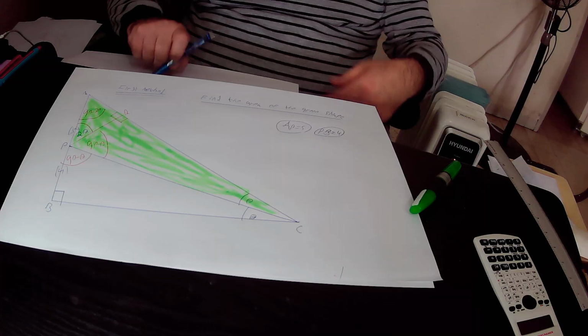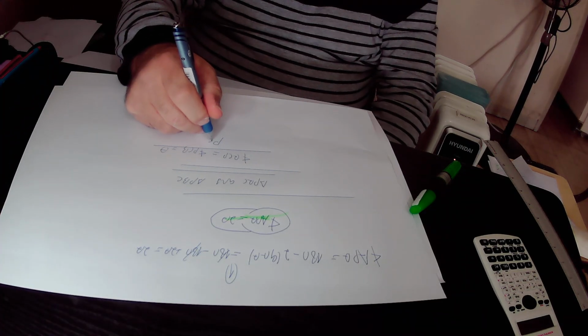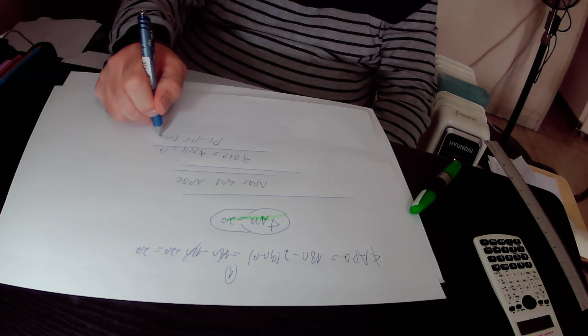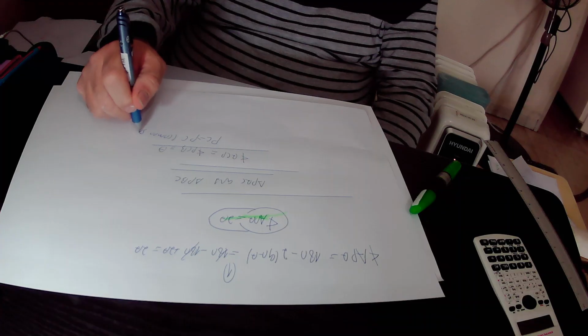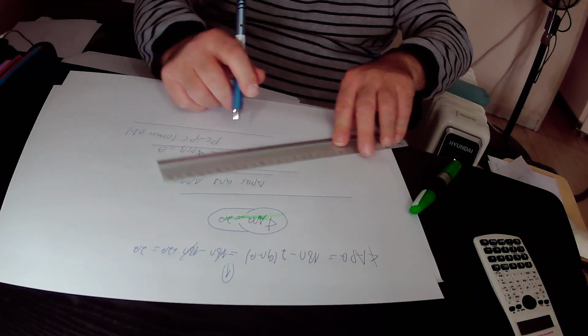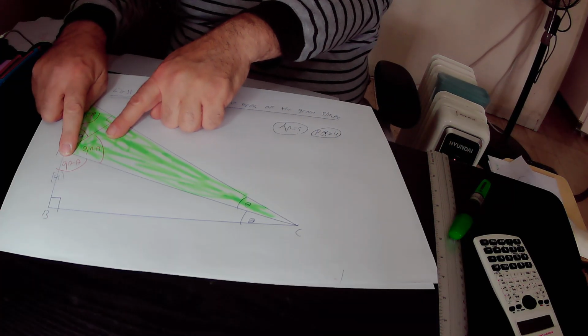So in other words, PC equals itself as a common side that belongs to both triangles. And finally, those two angles are both equal to 90 degrees minus theta and therefore they are equal to each other.